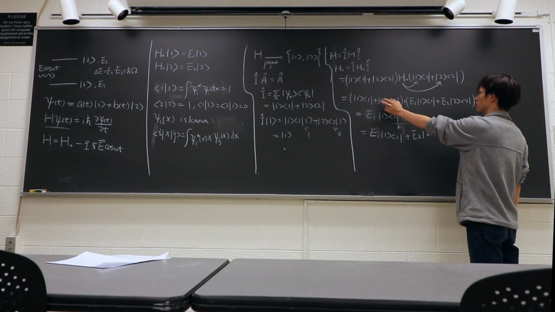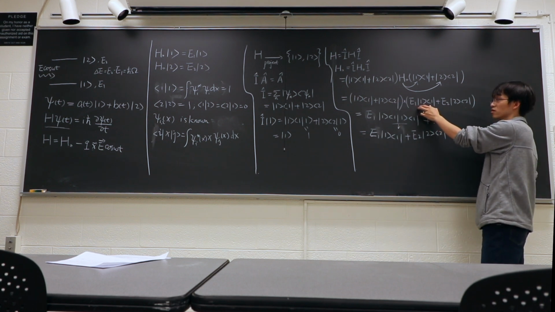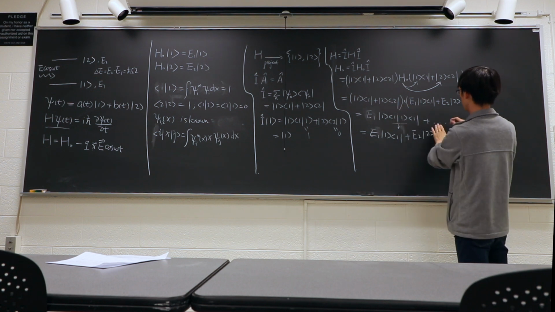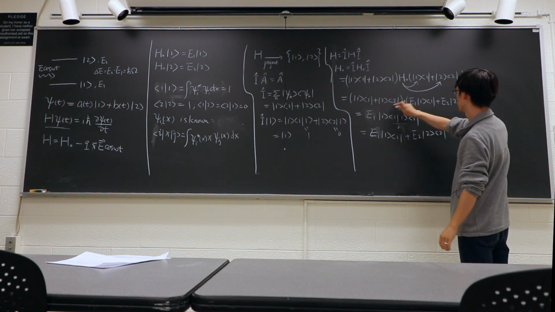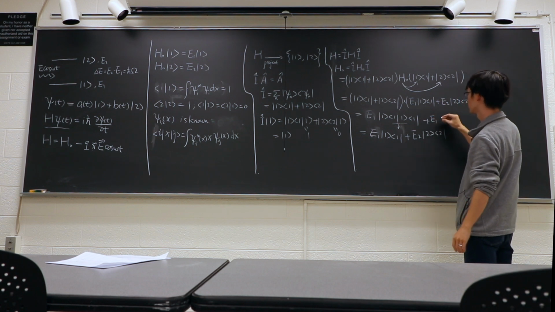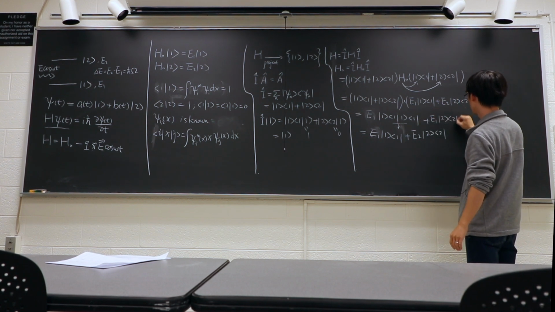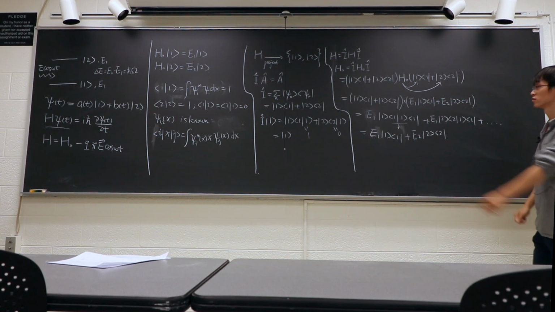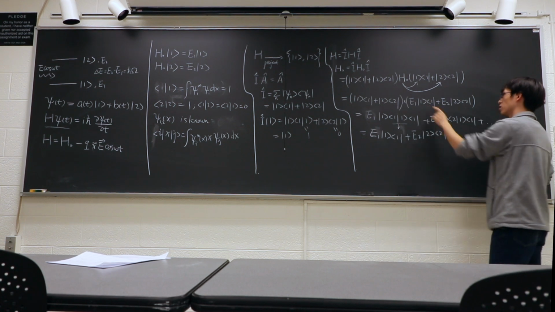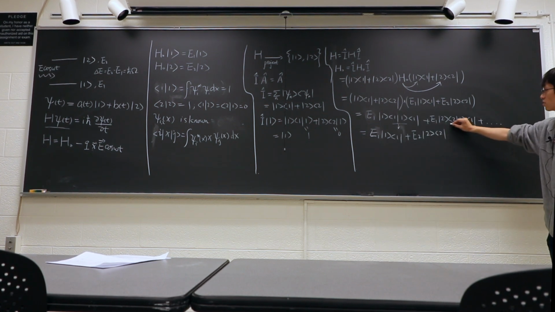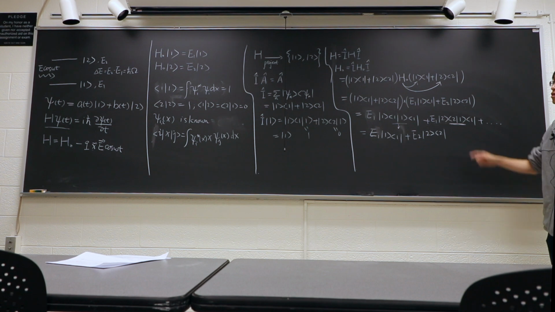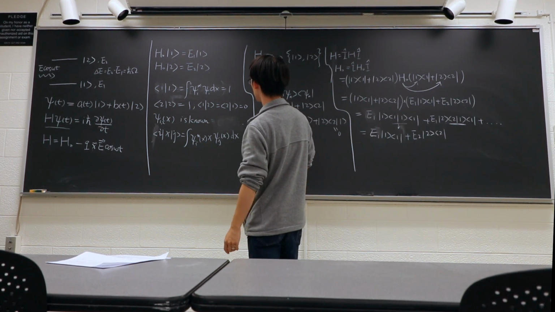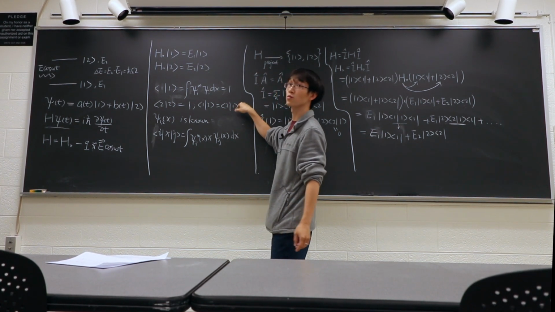Now, what about this times this? You get E1|2><2|1><1|. These two terms multiplied together give you this little thing here. This one we know from orthonormality is 0.